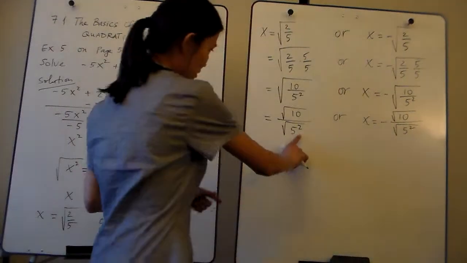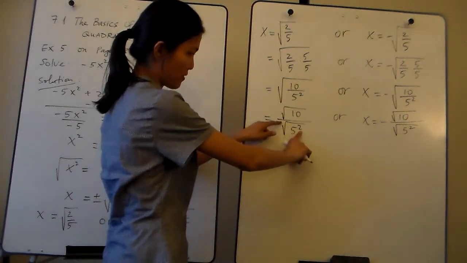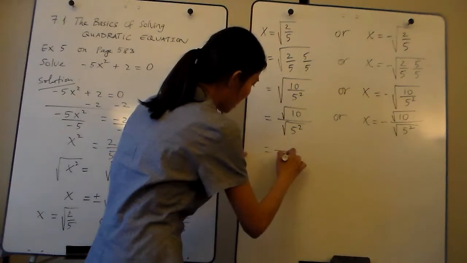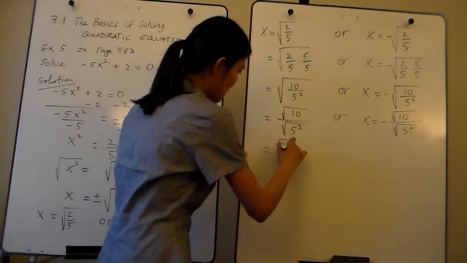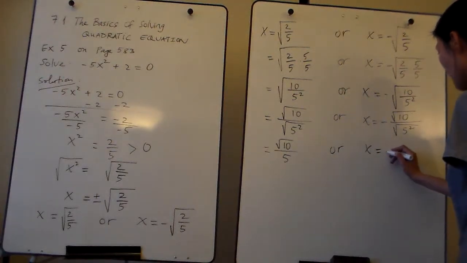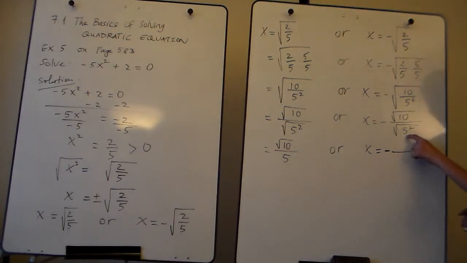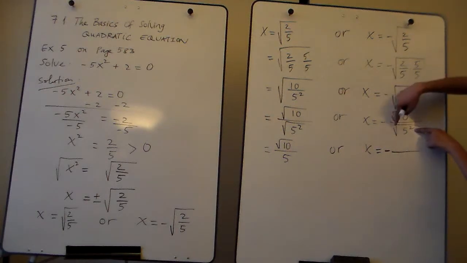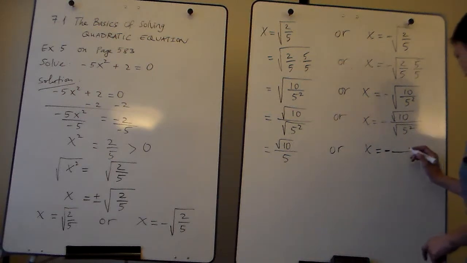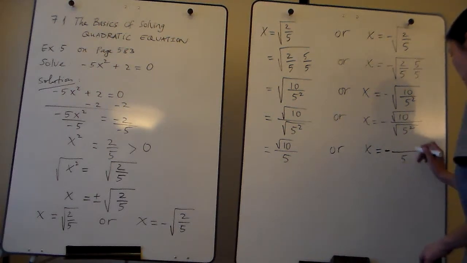Now 5 squared, the exponent matches the index k equal to 2, because it's a square root. That means you can simplify the denominator to 5. The top still stays the same, square root of 10, or x equal to negative square root of 10 over 5.